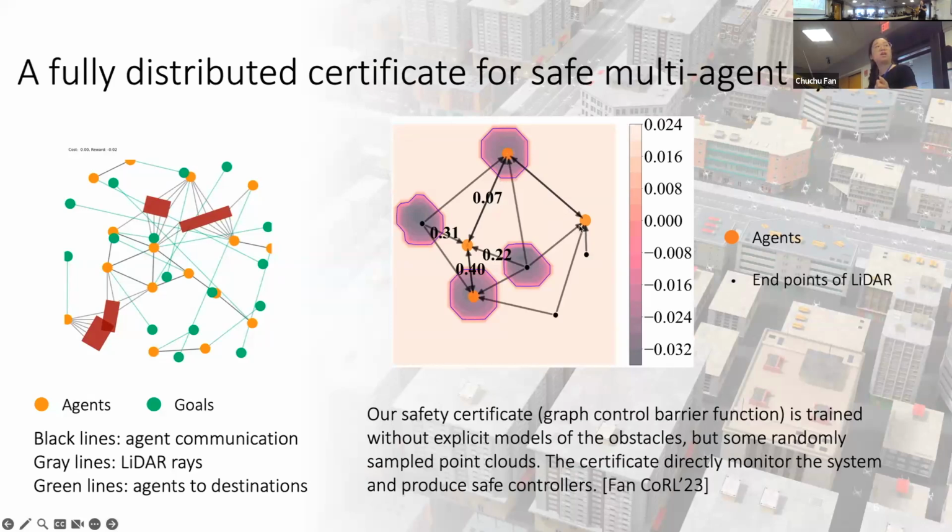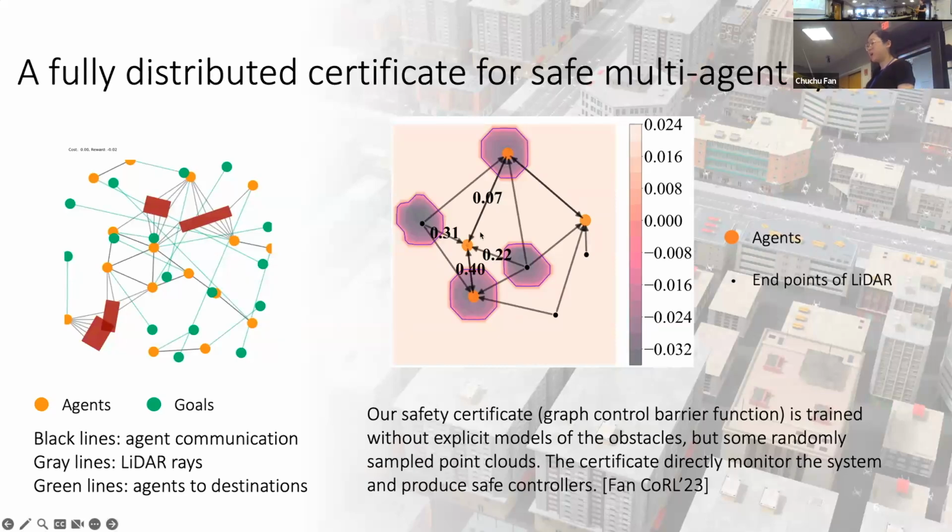And for this agent, they don't have any connection to a neighbor that is far away from them. These orange dots are the agents, and the black dots are the endpoints of the LiDAR. So there's no modeling of the environment. We just randomly sample the hitting points of the LiDAR. That turns out to be a very good way to represent random obstacles that could appear in the environment.